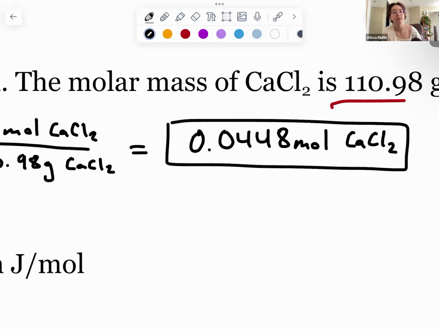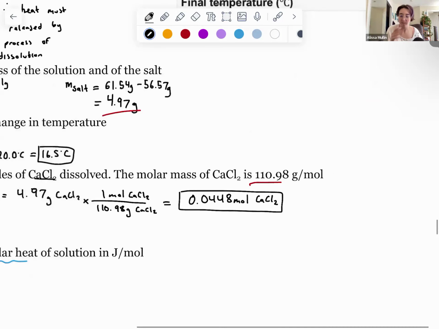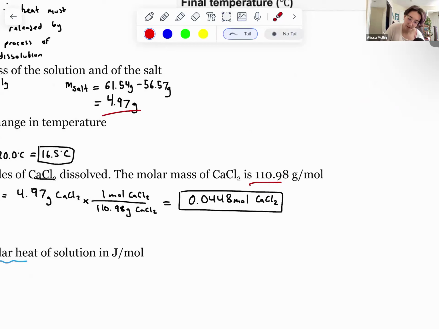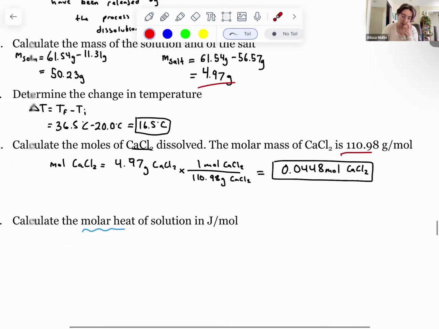Okay, so from dissolving this much of our salt, we saw a temperature change of that much. All right.